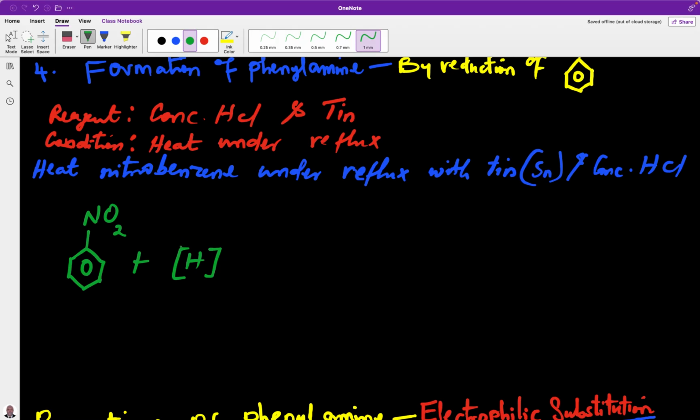There are going to be 6 hydrogens, not 4 this time around. And we will have phenylamine produced, plus 2 molecules of water. We call this phenylamine.